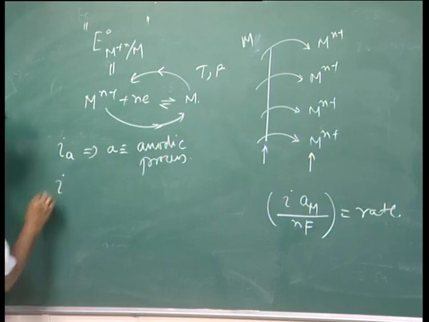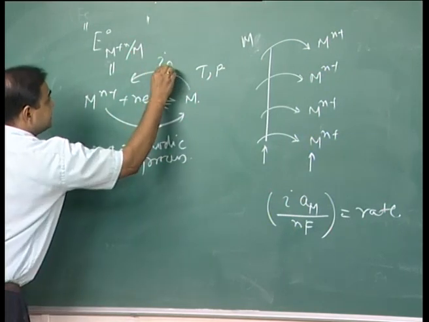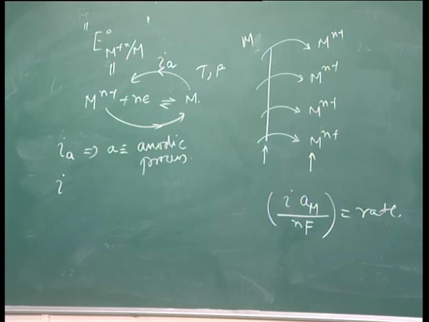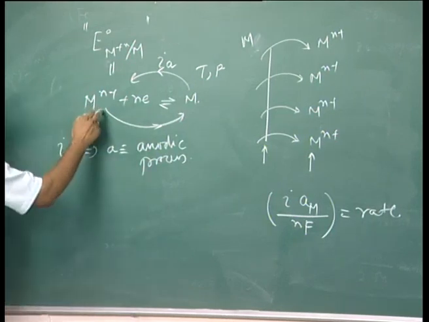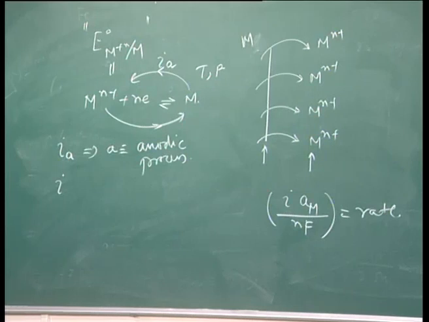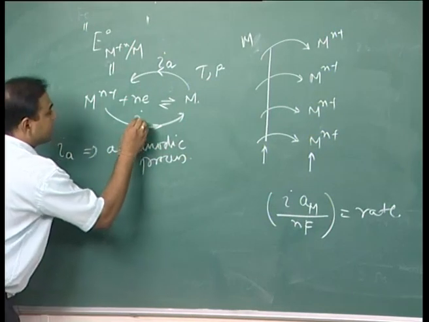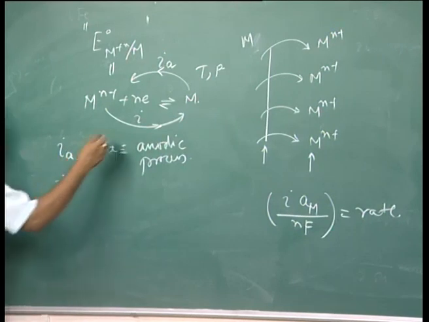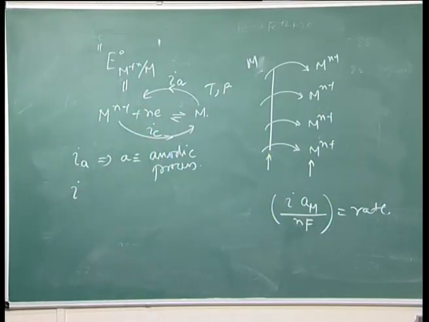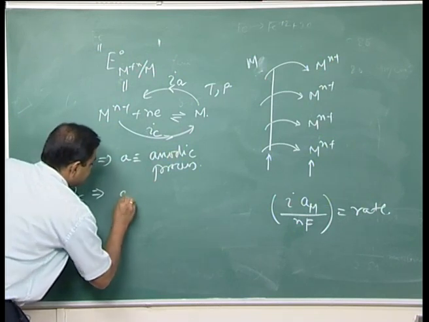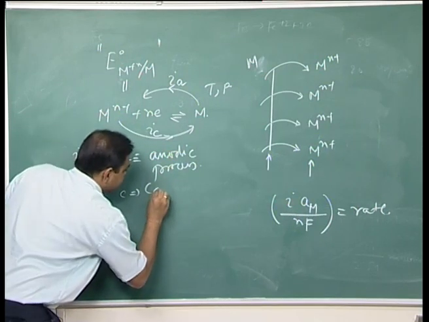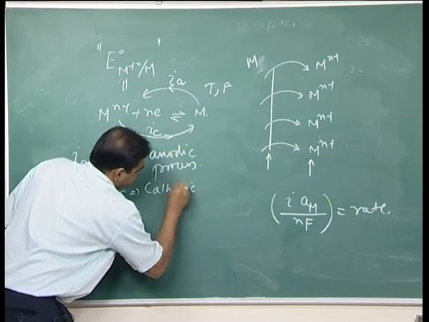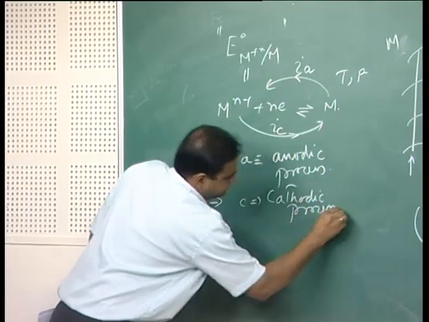So, I can term this rate as I_A, which is nothing but the anodic process or the oxidation process. Similarly, I can give another terminology for the reduction process, which is nothing but the cathodic reaction. If I would like to find out the rate of the cathodic reaction, I can term it as I_C, I subscript small c, cathodic process.